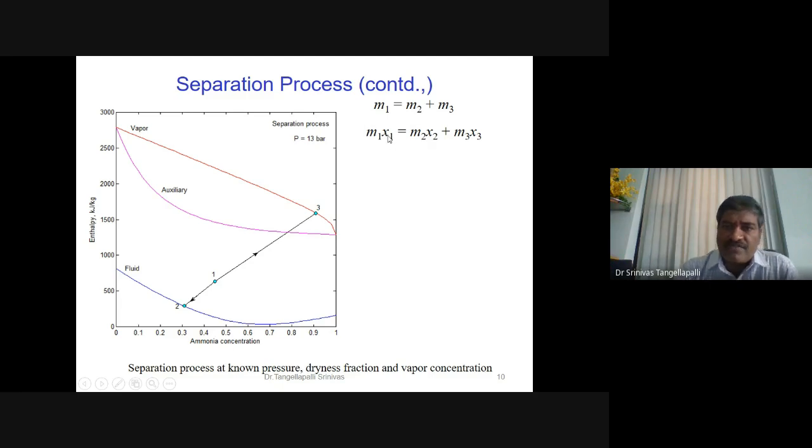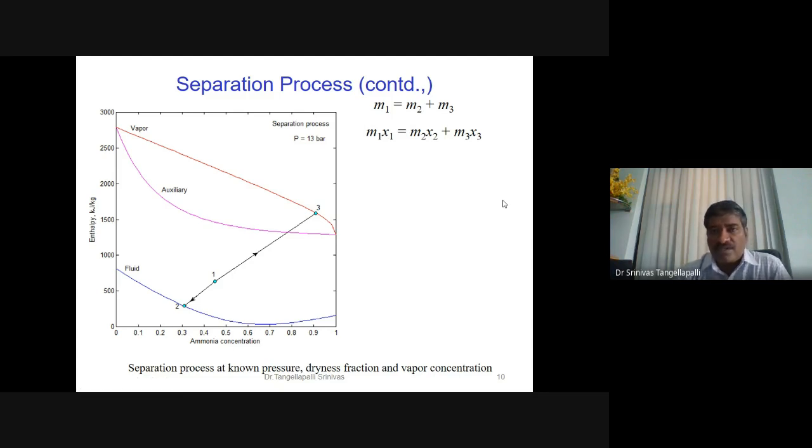x1 is a specific value, kg per kg of mixture, for 1 kg of mixture. But once you multiply by M1, it is the same as specific enthalpy. Let us see specific enthalpy, small h. M into h: what is the meaning of M into h? Total enthalpy, capital H. What are the units of this total enthalpy, capital H?